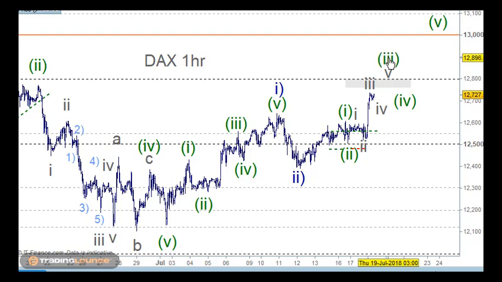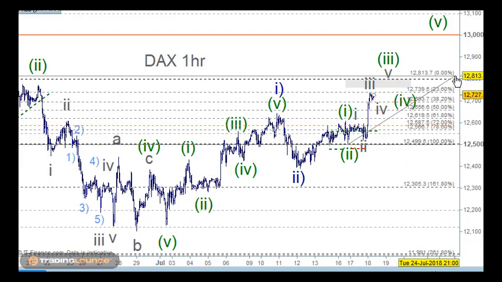And then once that high comes in, we can look for the 38.2% retracement level. So I'll just put that there, but we'll look for an A and a B and a C wave back to the 38 point, and then another 5 waves up into this space.